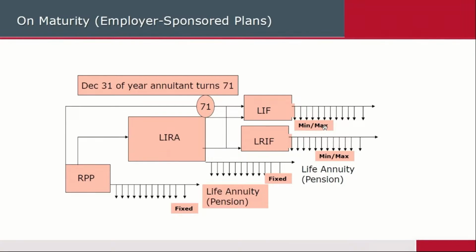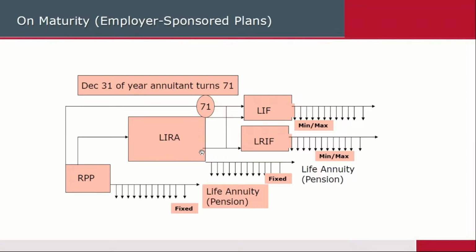If you remember with the RIF, I said there was a minimum, but there was no maximum. In a LIF, there is a minimum and a maximum. But again, it's locked-in money. Or the money could have gone into a LIRA, and then from the LIRA it went into a LIF because you were over 55. So you can let it sit in a LIRA until you're age 71 or earlier and buy a LIF.